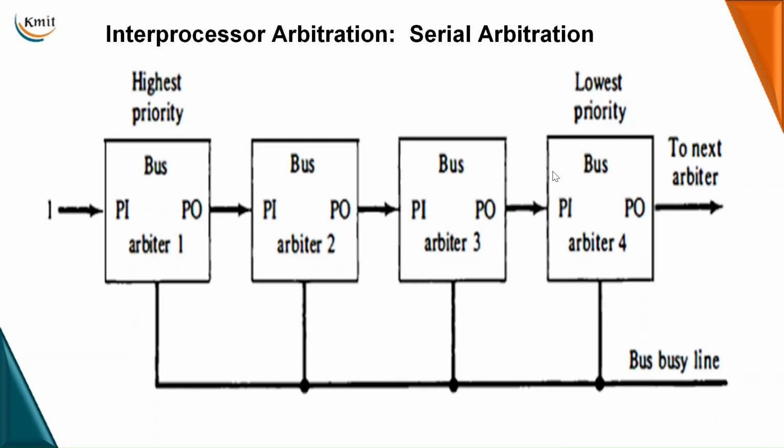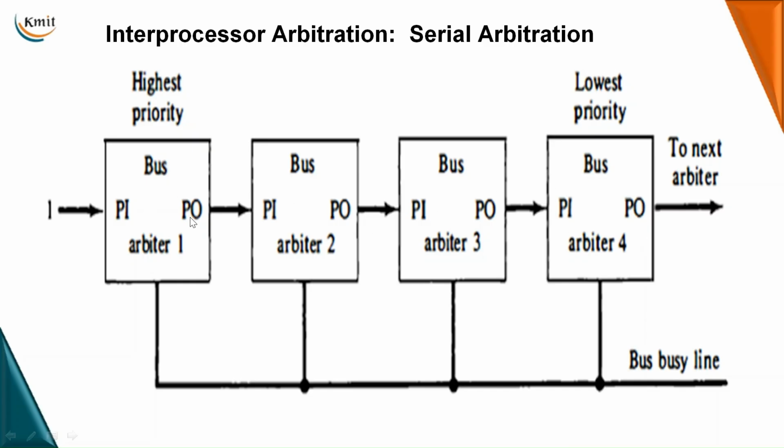This is a serial arbitration technique where you have processors connected to the system. They are assigned priorities based on their position along the priority control line. This is the first processor, having the highest priority. This is the last processor, having the lowest priority.